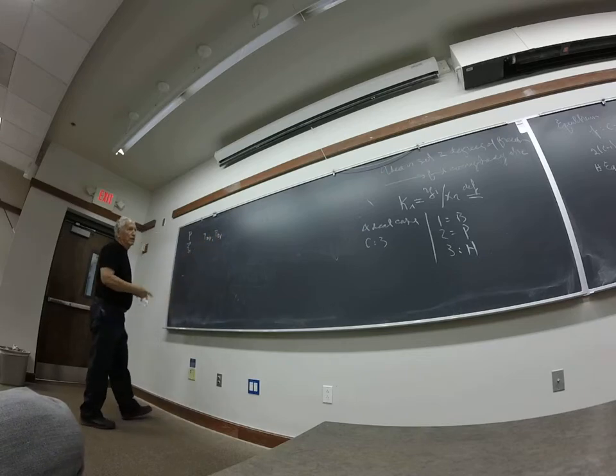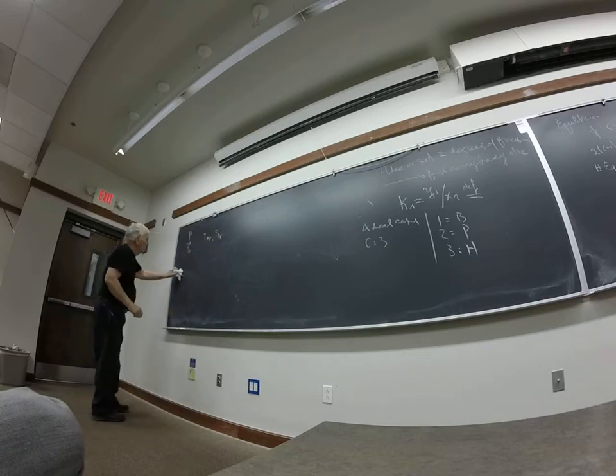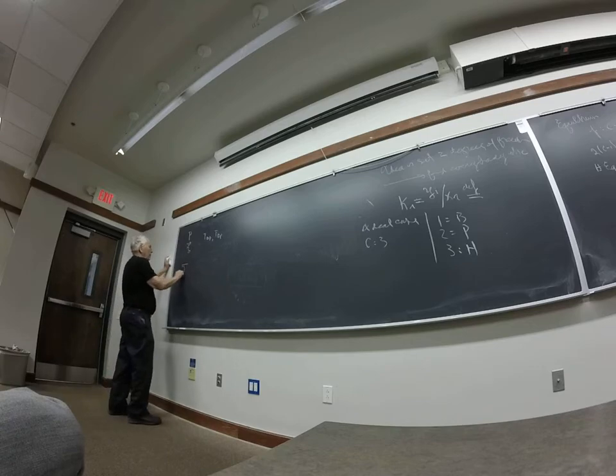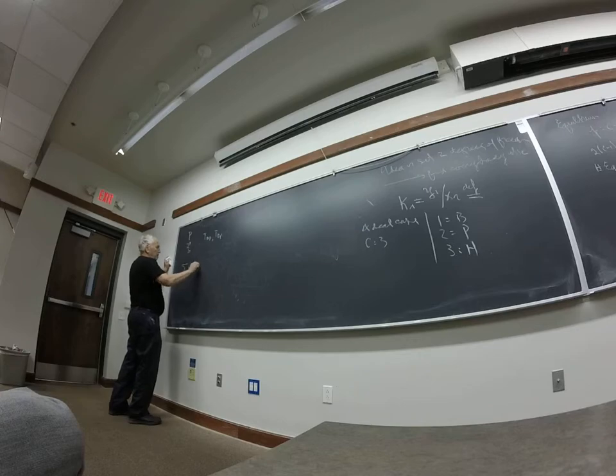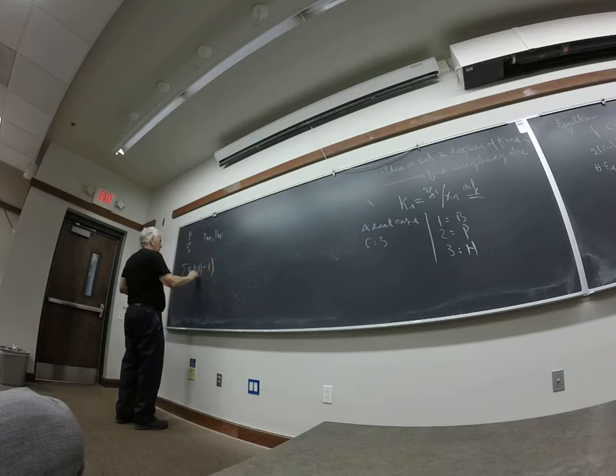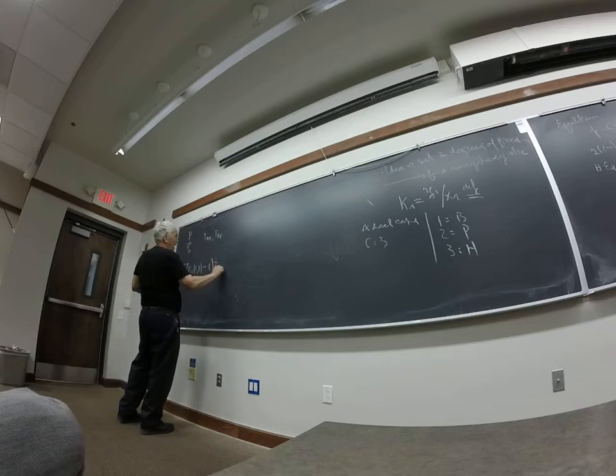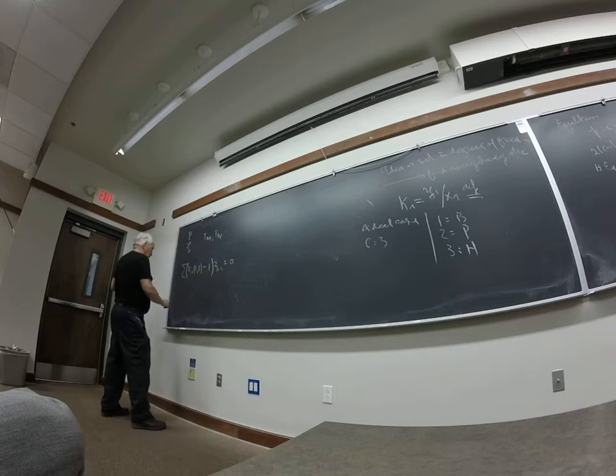Now, you can always do this, but for these systems, it goes like this. The summation of Ki of T and P, minus 1, times the Zi's, is equal to 0.